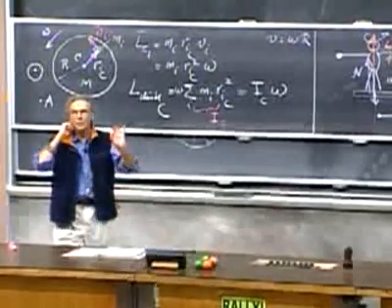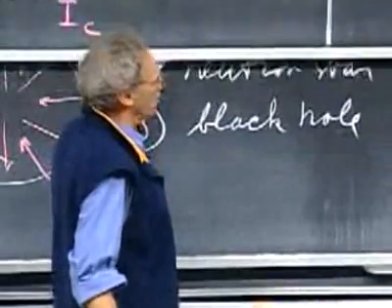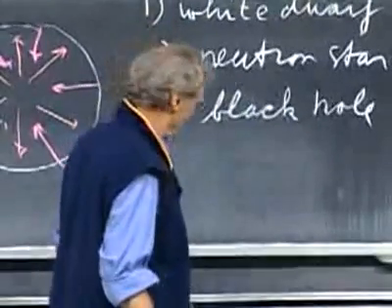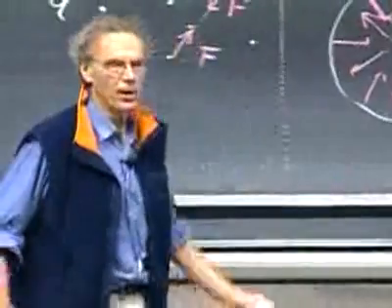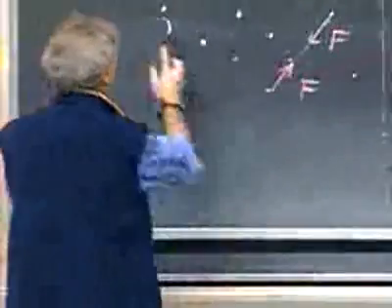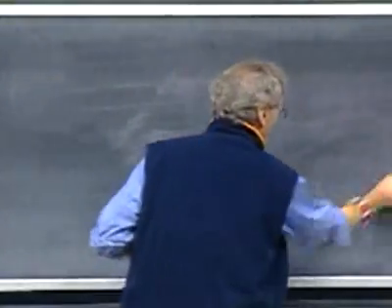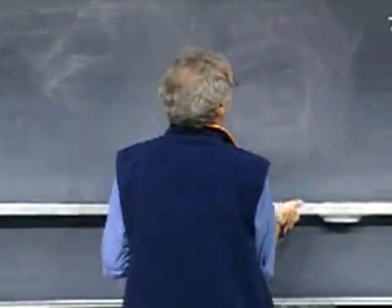I want to do a little bit of quantitative work on this, and I want to take an object like our sun, and I would like to collapse that object from its present radius of about 700,000 kilometers to a neutron star with a radius of 10 kilometers, even though I told you that the sun will not become a neutron star.